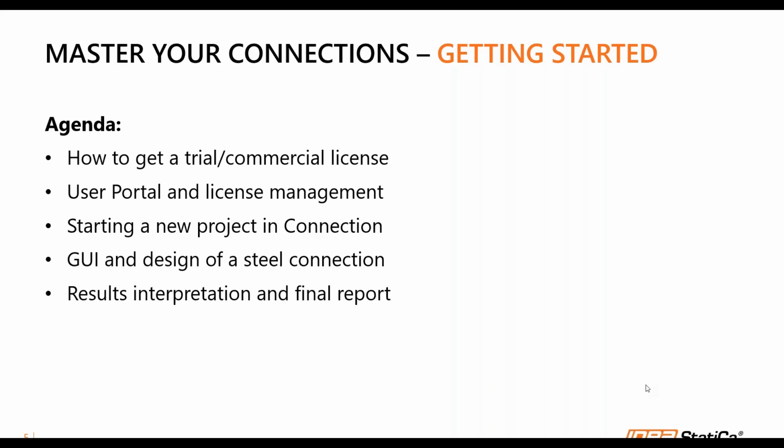I'll go through the whole UI of the application and show you how to design a steel connection. Then we'll go through individual results sections one by one. And at the end of the practical demonstration, I'll show you how to create a report and explain the possibilities.